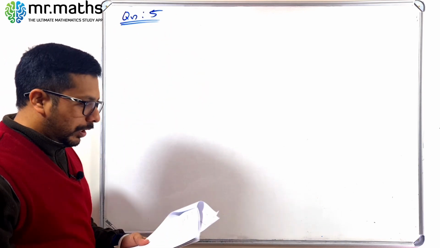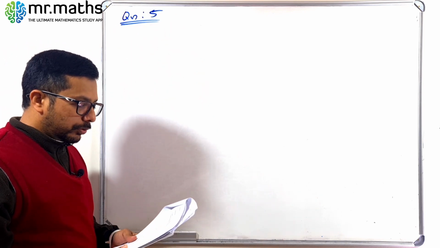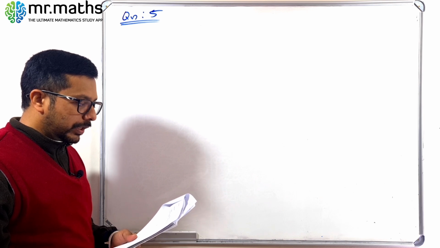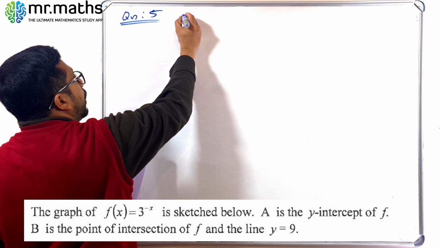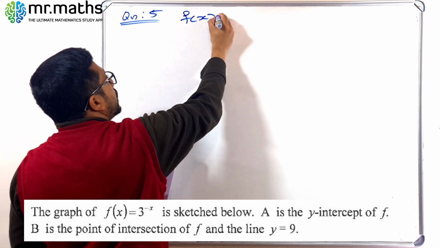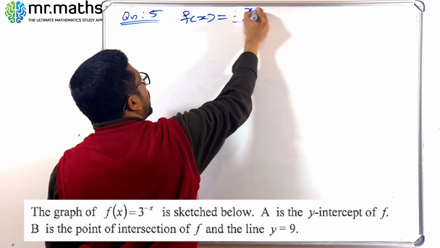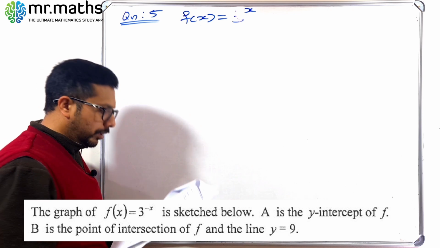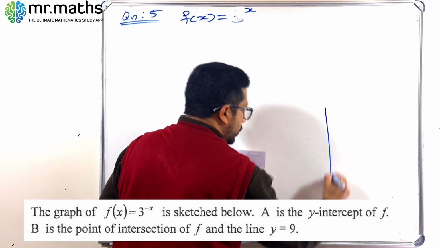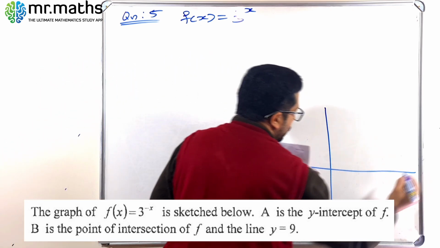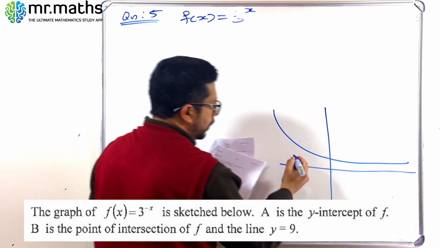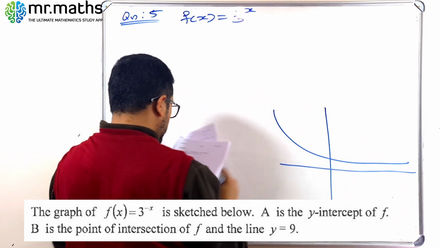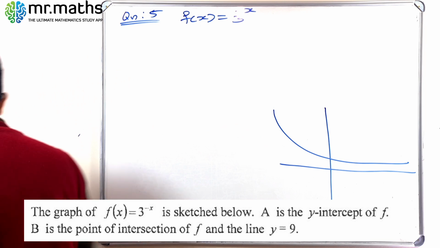What is question number 5? The graph f of x is equal to 3 raised to minus x is sketched below. So in the question paper you can see a graph like this, and there is a line y is equal to 9.